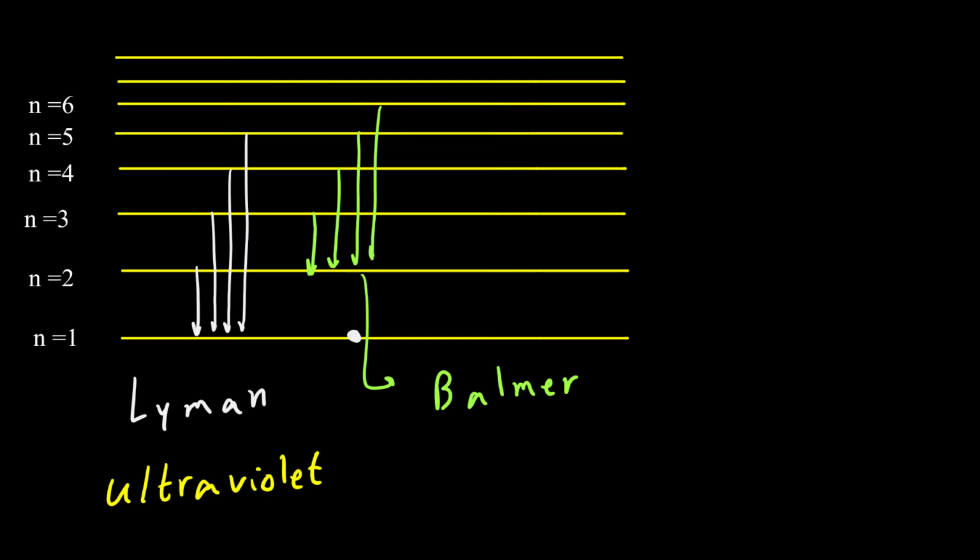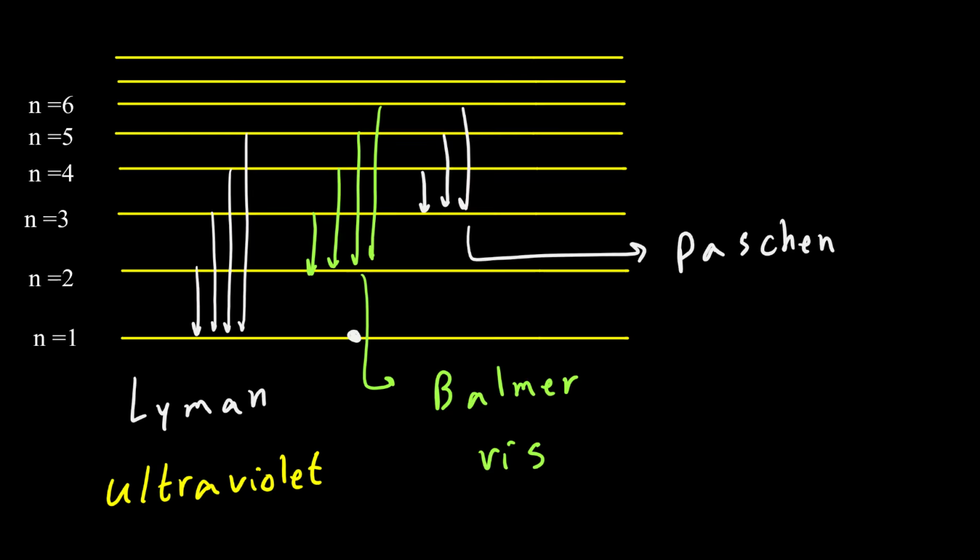The Balmer series is in the visible range. If electrons fall from a higher level to level 3, like from 4 to 3, 5 to 3, 6 to 3, then we have the Paschen series. The Paschen series is infrared, or IR.